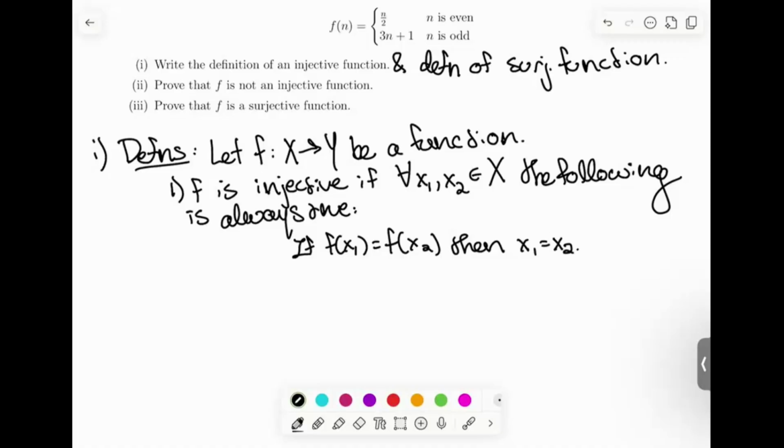And remember, we talked about this. There are other equivalent ways to talk about the definition, and those are fine to list as well.